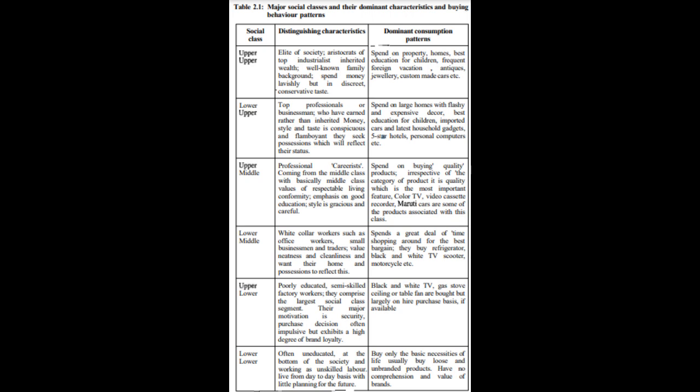Indirect reference groups comprise those individuals or groups with whom an individual does not have any direct face-to-face contact, such as film stars, TV stars, sportsmen, politicians, etc. For example, celebrities like film stars and sports heroes are well-known people in their specific field of activity who are admired and their fans aspire to emulate their behavior.